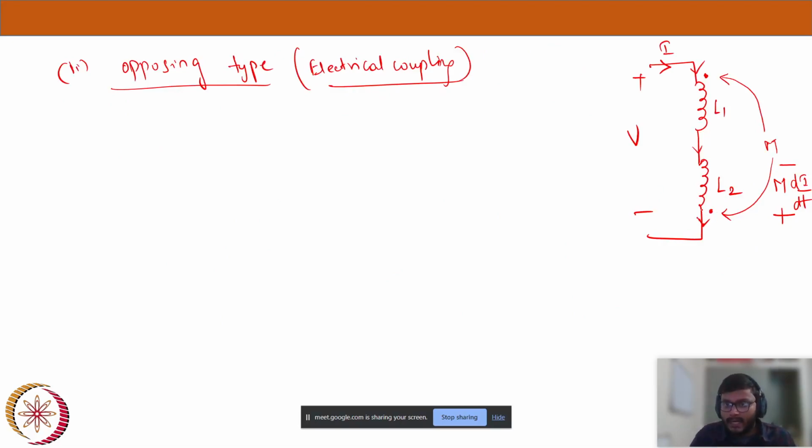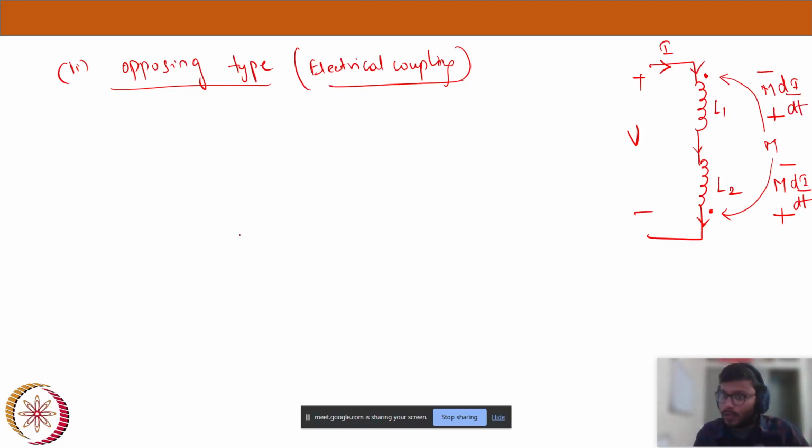Now current is leaving at coil 2 and it will induce a voltage at coil 1 where the negative polarity will be at the dotted side. So the minus will be here, negative polarity, and the plus will be here. The magnitude is the same, M di by dt.